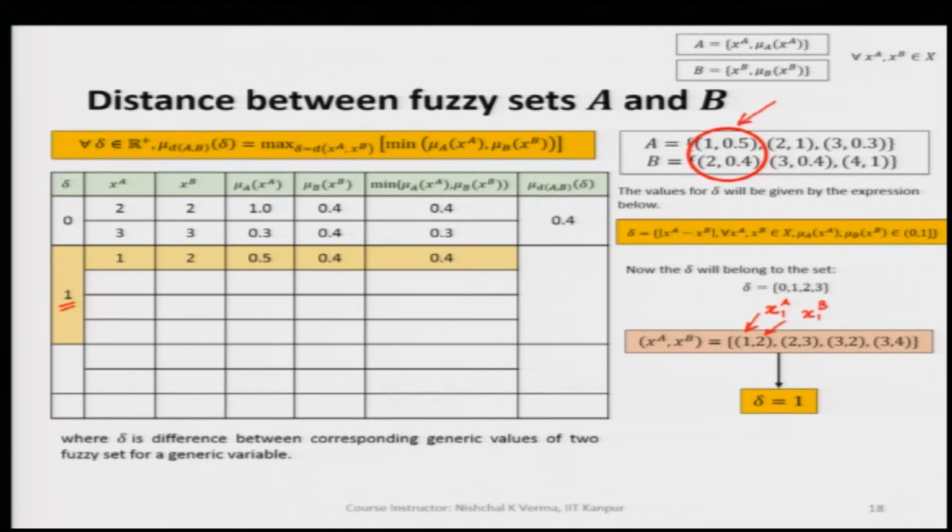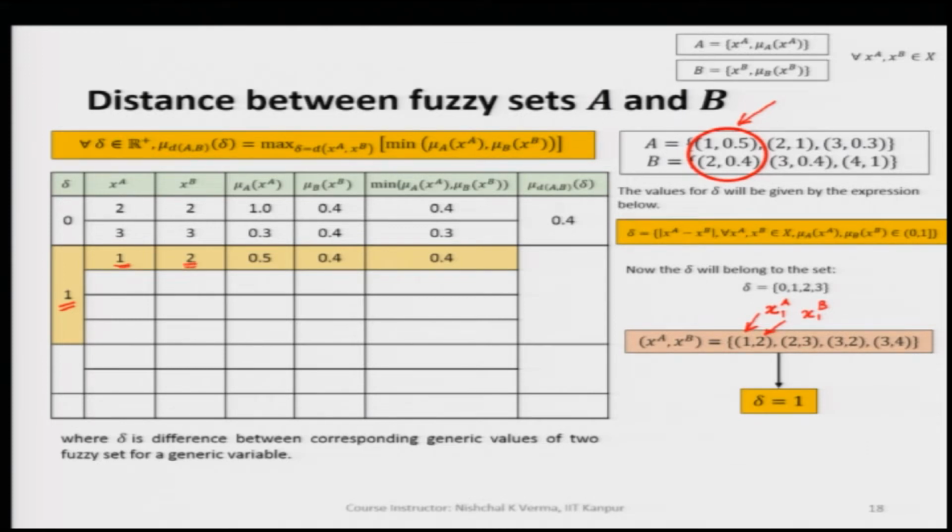This signifies that this is the first generic variable of the discrete fuzzy set A, and x 1 B signifies the generic variable value from the fuzzy set B. Similarly, all other values can be understood. In the second column, for x A we enter 1, and for x B we enter 2.